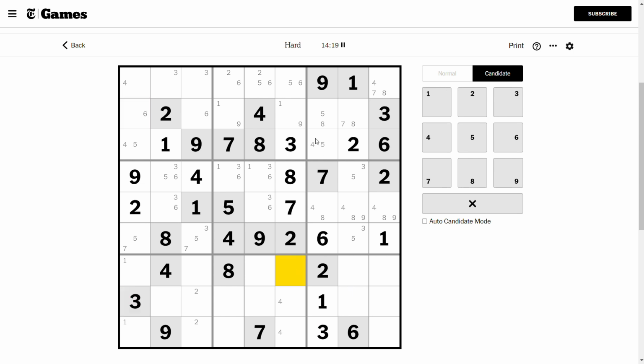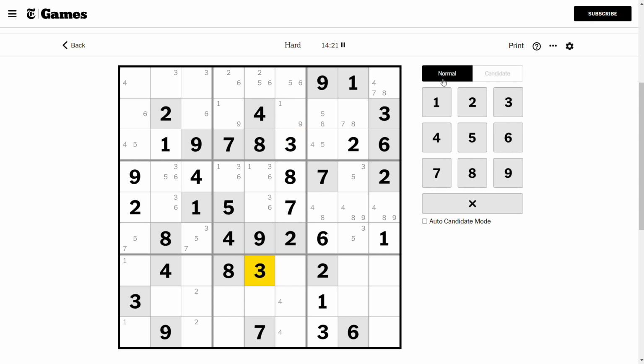Okay, the digit 3 in block 8 is forced into this cell, which makes this cell a 6, and this cell a 3.